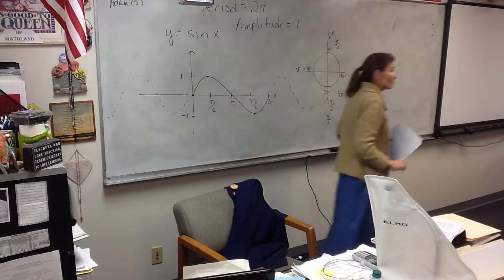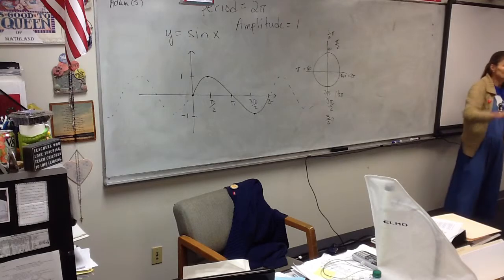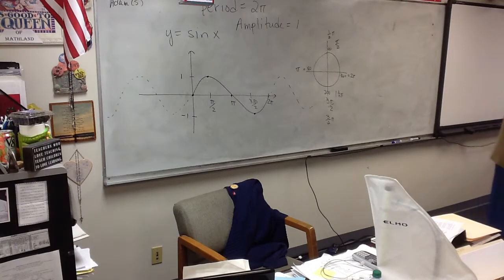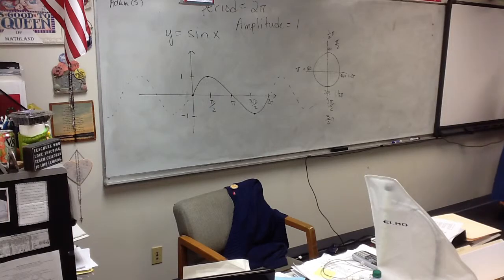Any idea what that's talking about? What's the 1? How high it goes. That's exactly right. How high is that hill? It's 1 unit high. Actually, how deep is the valley? 1 unit. So the amplitude is the height of the hills or the depth of the valleys. Those will always match. However much you go up is what you're going to go down.